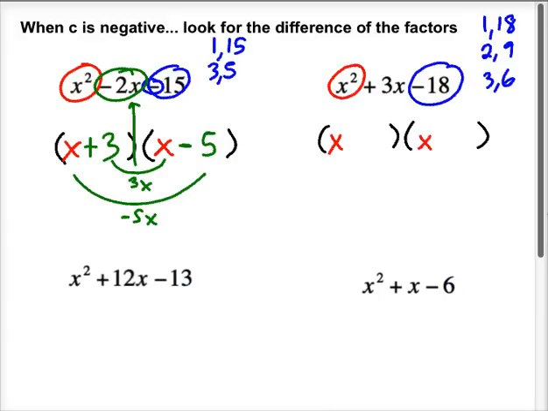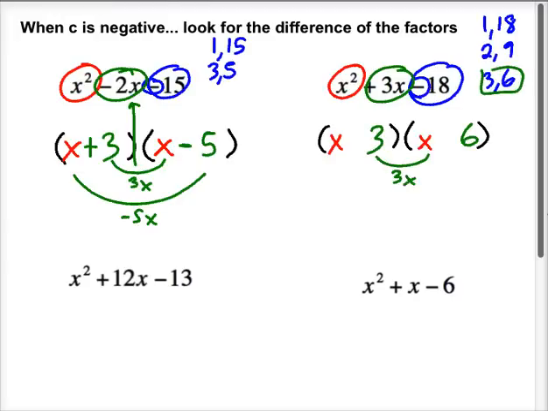And now we need to look for the difference between two of those numbers that is 3x, because notice that is negative. So one of these numbers is going to be negative, implying that we need to find the difference between those. Well, which one of those pairs has a difference of 3? I think you're going to be drawn to the 3 and the 6.